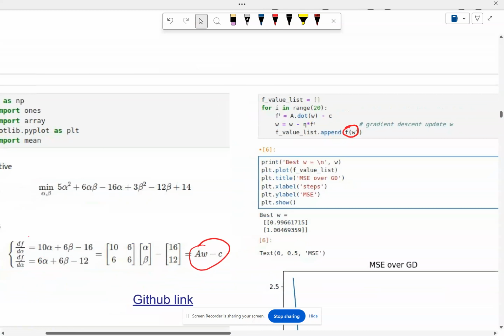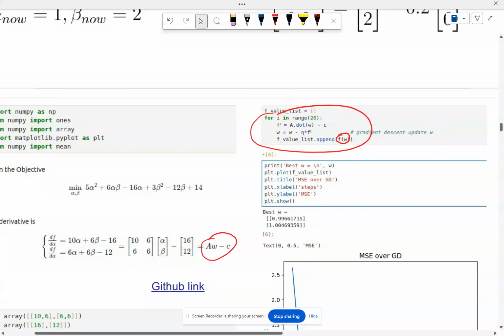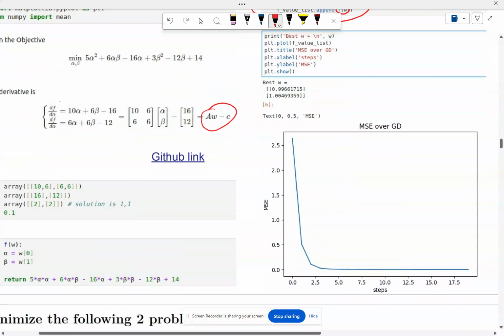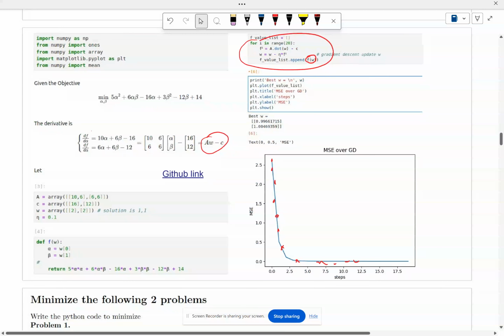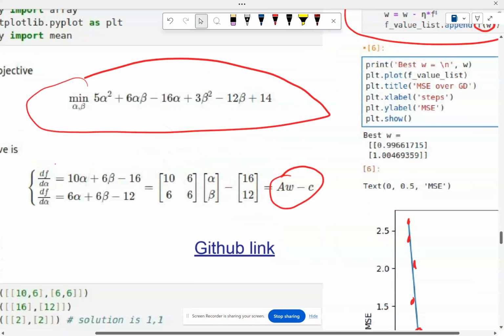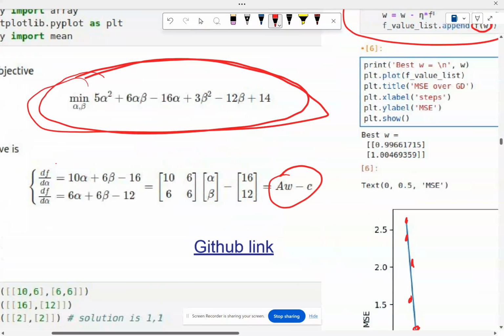Okay. So if I run this in a loop for 20 times, you notice how these are the steps, right? As we take each step, the current value of the function is going lower and lower and lower, right? So this is telling you that you are essentially achieving the minimization of this function here.